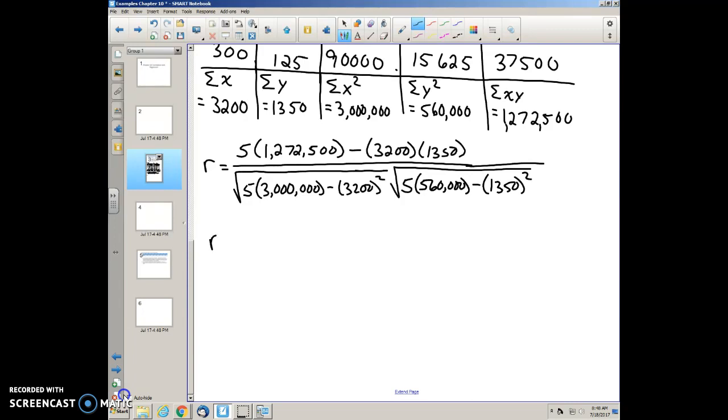So what we can do is we can get the entire numerator as a single value and then simplify what's under each square root. We'll do that first. So there's our numerator. Then we're going to get a single value for each square root.